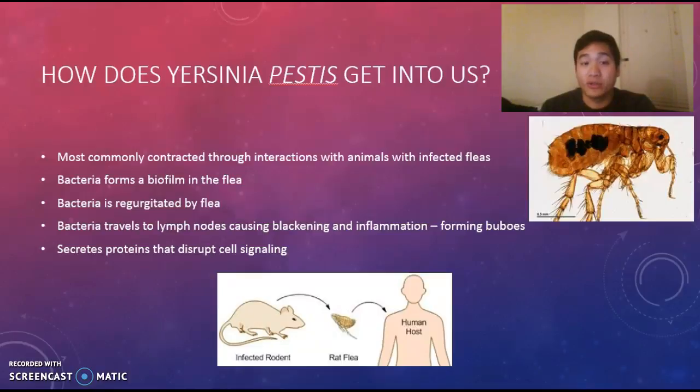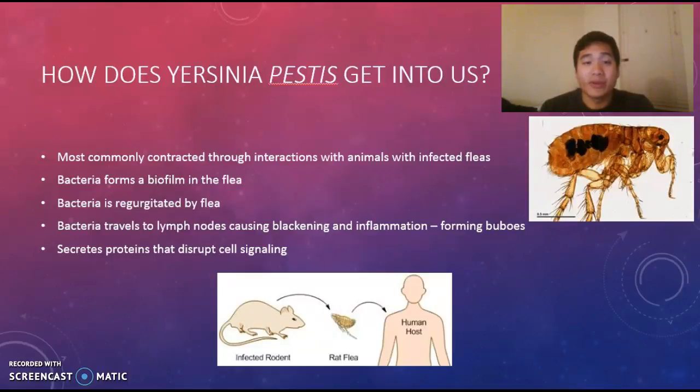Once inside the host, Yersinia pestis recognizes the change in temperature from 26 to 36, 37 degrees, and begins to produce certain antigens to help evade the body's immune system. Along with these, once inside the body, it starts to produce certain proteins that disrupt cell signaling between immune cells in the body.